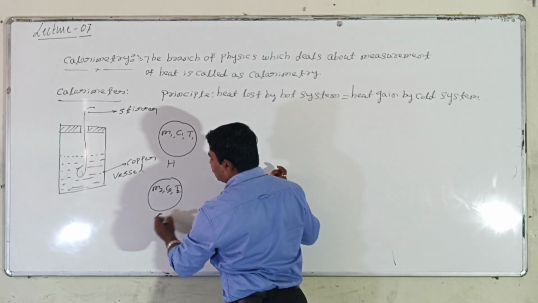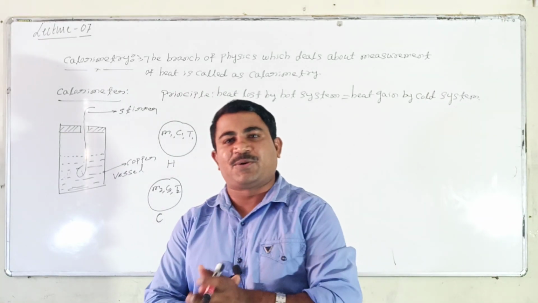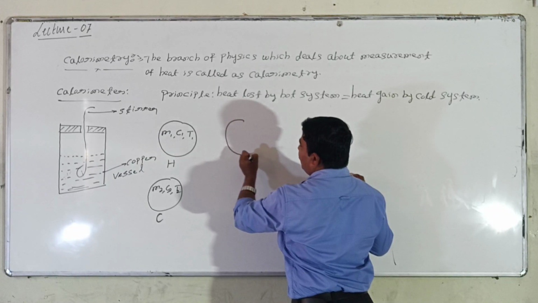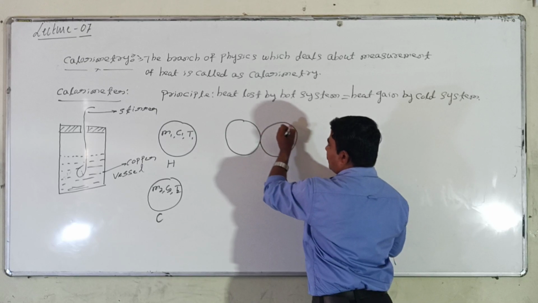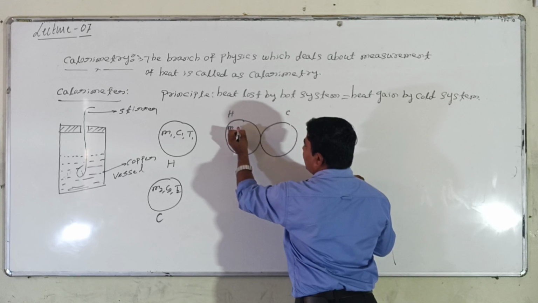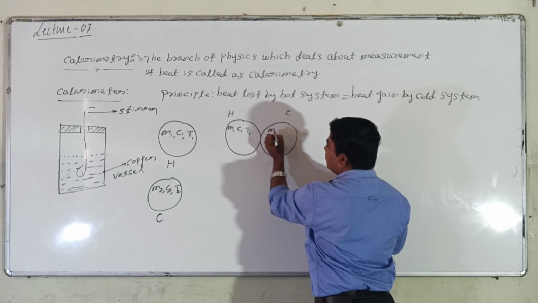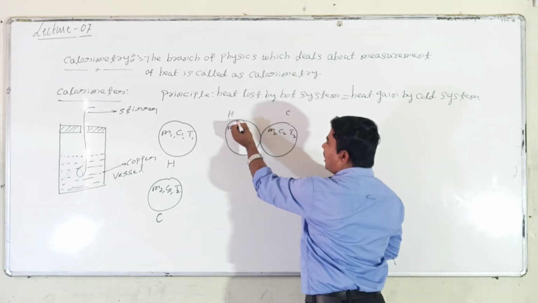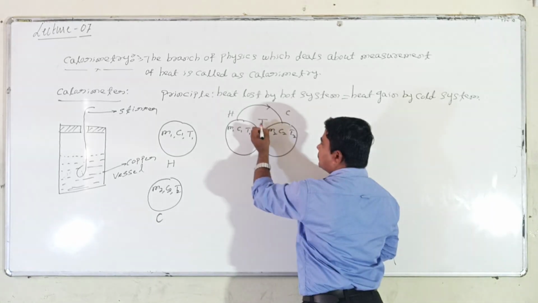When the hot system is made to physically contact the cold system, heat transfers from the hot system to the cold system, until the temperature of both systems becomes the same.